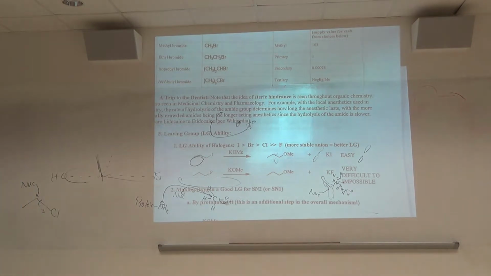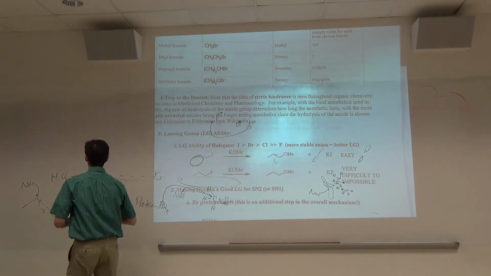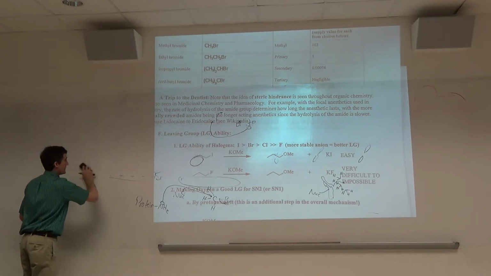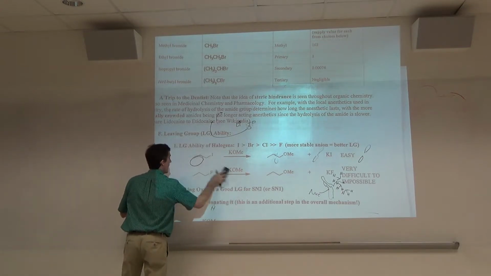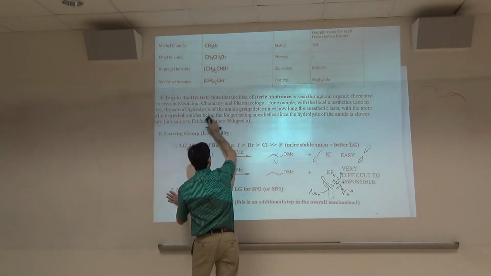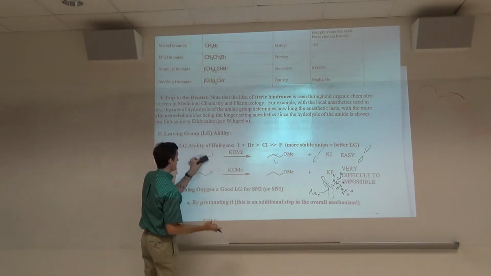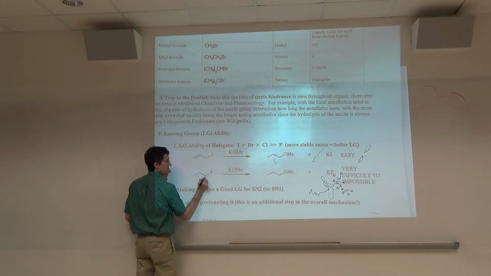So I think we covered this before, but basically the fluorine would give a greater partial positive on the carbon, but it would have a less stable fluoride ion. Is that the idea? There is some kind of conflict here. Which one has more partial positive? Yeah, there's more partial positive there.